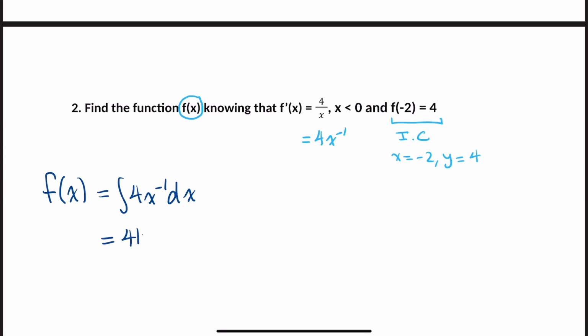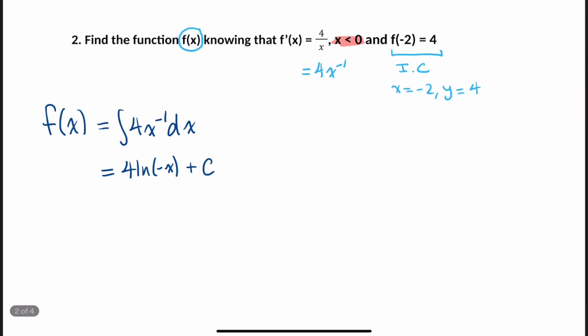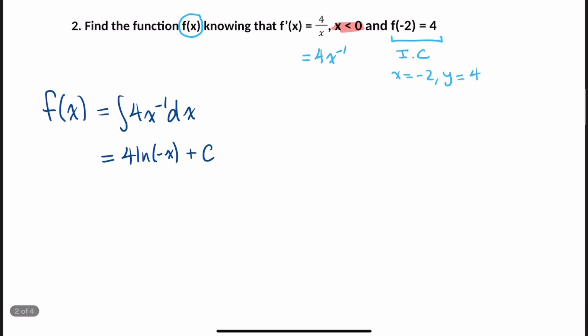And typically we put an absolute value sign, which represents the most general solution. However, I noticed that in the question, it says that x is less than 0. So I'm going to go ahead and remove the absolute value signs, and I'm going to replace it with negative x. And now we just have to solve for c.